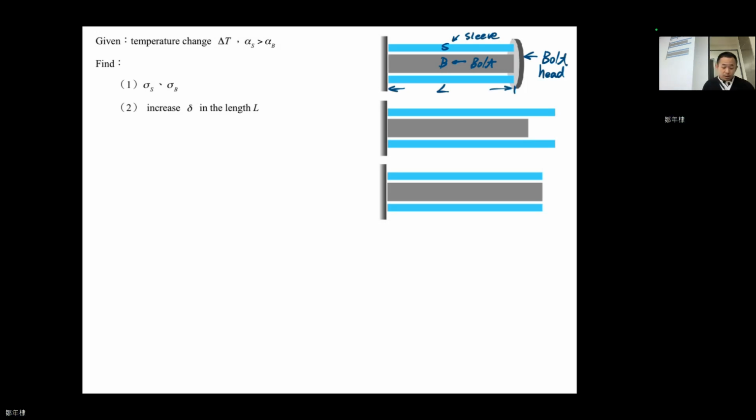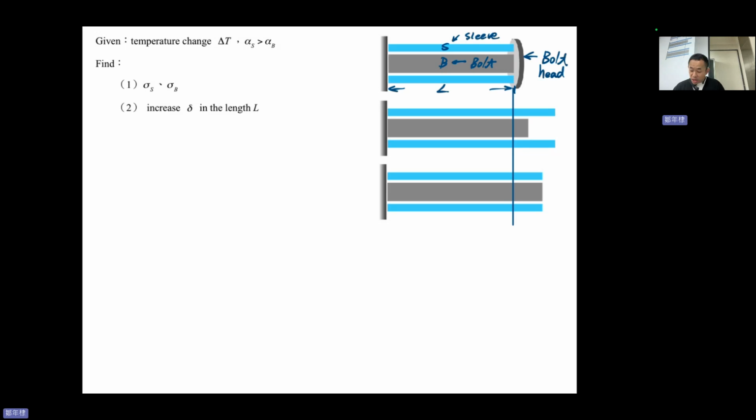Okay. Very important. Just like what we did before, we assume that there's no bolt head, no fix. What will it be? And then you need to push it back. Okay, so now this is the original length.